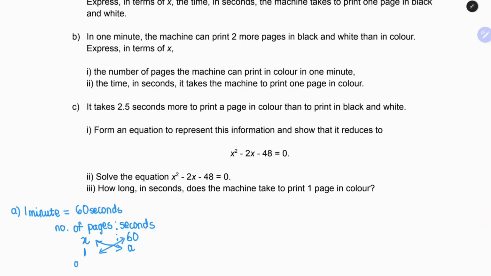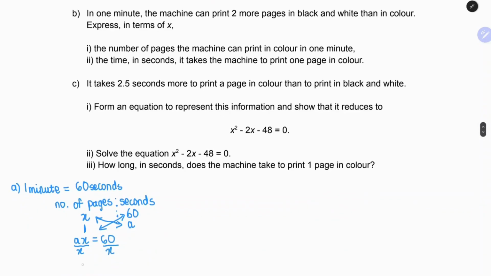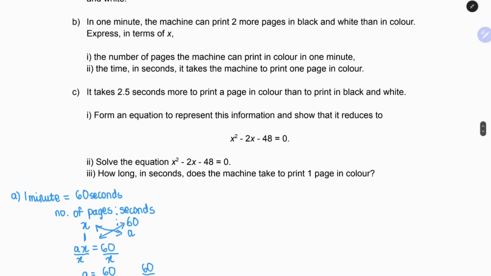So we're going to have AX is equal to 60. Divide by X on both sides, because we are expressing in terms of X. Divided by X, we're going to have A is equal to 60 over X. So the expression is going to be 60 over X, removing that equal sign.